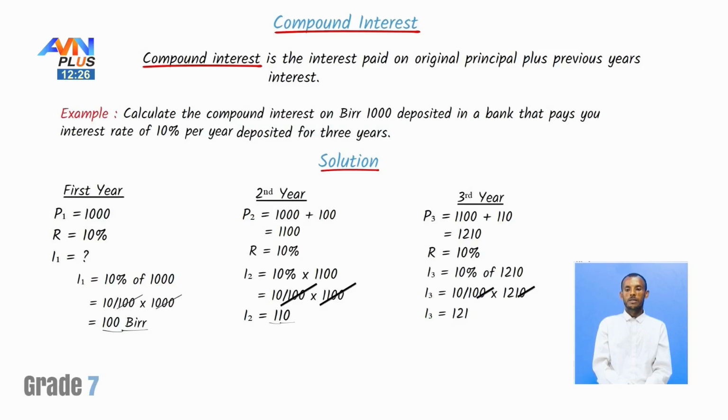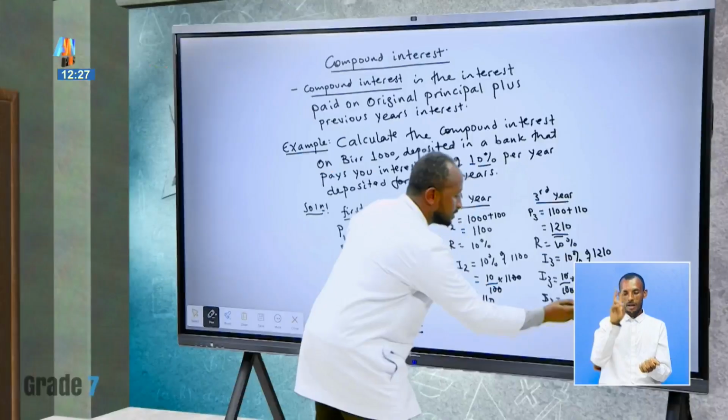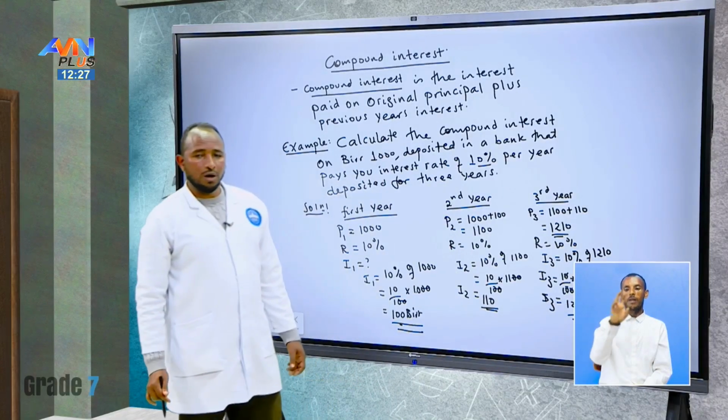So I3 will be equal to 10 over 100 times 1,210. So I can cancel the zeros, and you have 121. Therefore, the third year's interest will be 121.